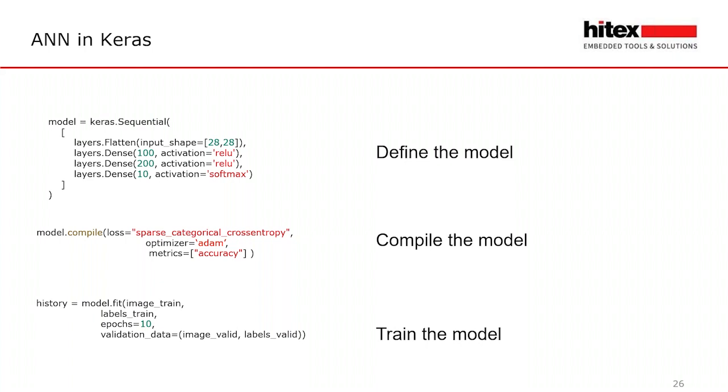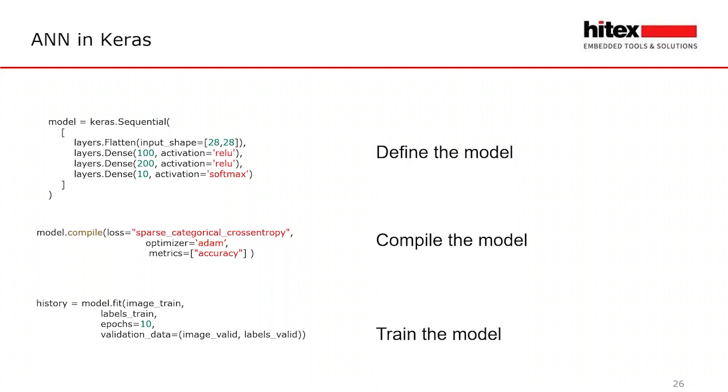We then have a layer of 100 perceptrons with a ReLU activation function. We then have another layer with 200, and then finally we have a softmax layer at the output. So again, creating these models a bit like Lego, we're just sticking layers together and experimenting with values.